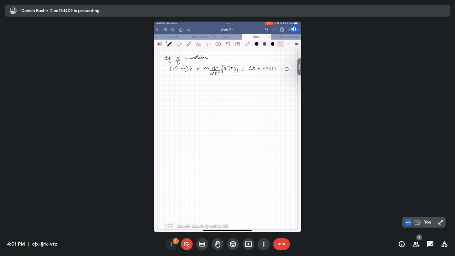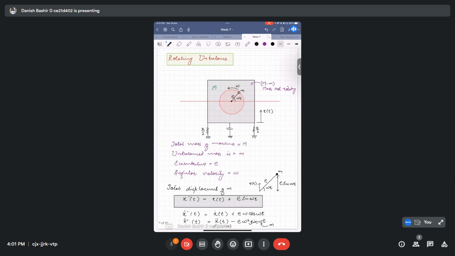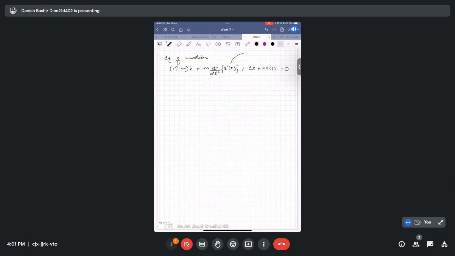So when we substitute x dash of t double derivative, this is from equation 1, we will induce this whole value from equation 1.